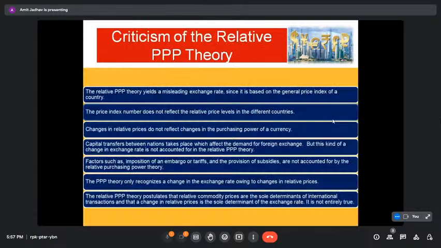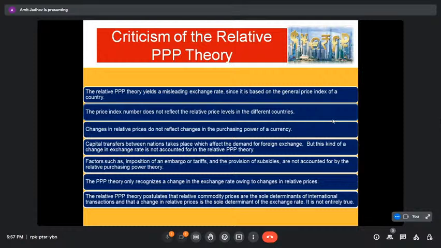So we have the criticism of the relative PPP theory. The relative PPP theory is a predictive but misleading exchange rate, since it is based on the general price index of the country.